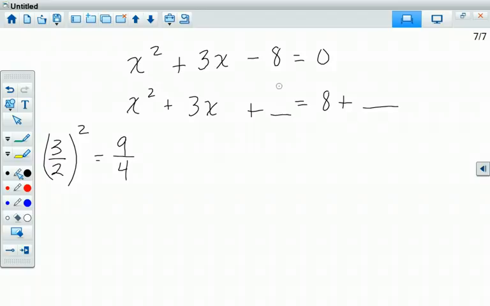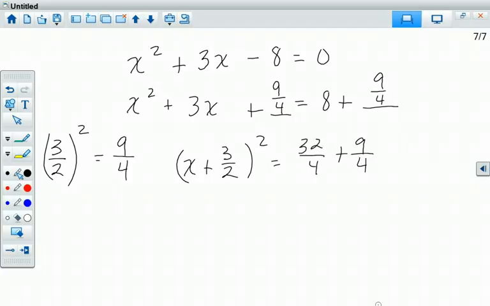So 9 fourths goes here and here. Shortcut number 1: x plus 3 halves, quantity squared, is equal to 32 fourths plus 9 fourths. Don't ask me where I got that 32 fourths.